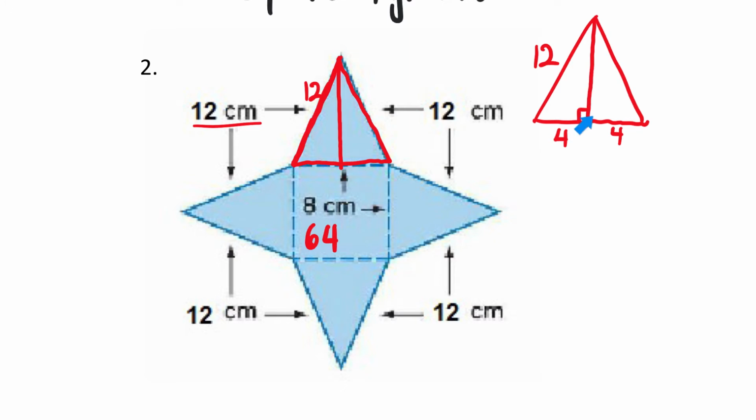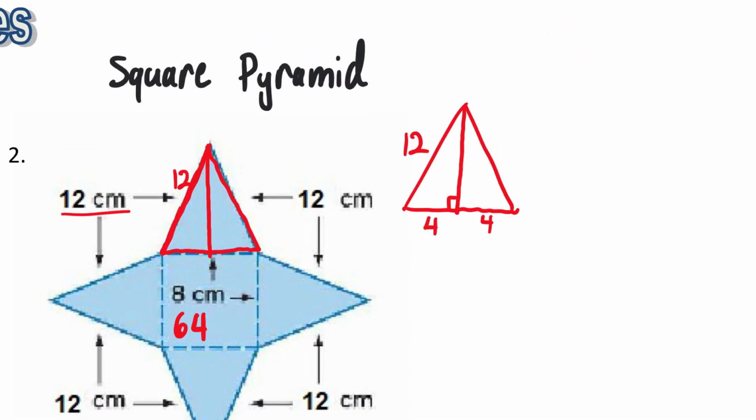So what am I going to do to find the length of this side right here? Pythagorean theorem. Okay, I'm just going to do the kind of shortcut. So 12 squared minus 4 squared. The reason I'm subtracting is I know the hypotenuse.